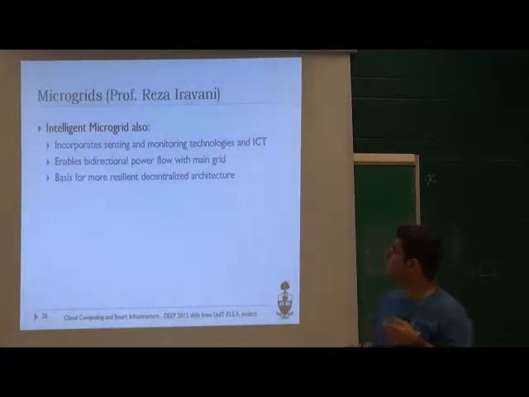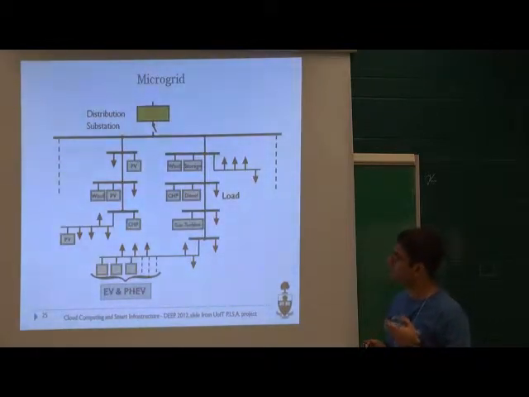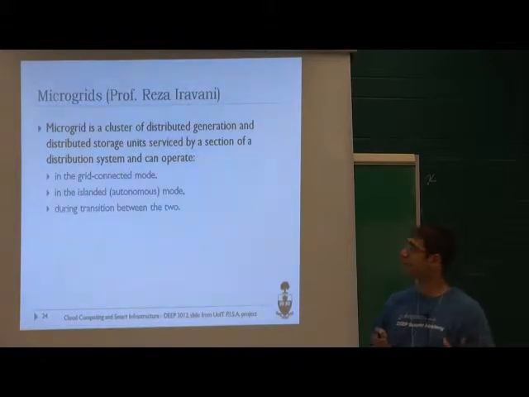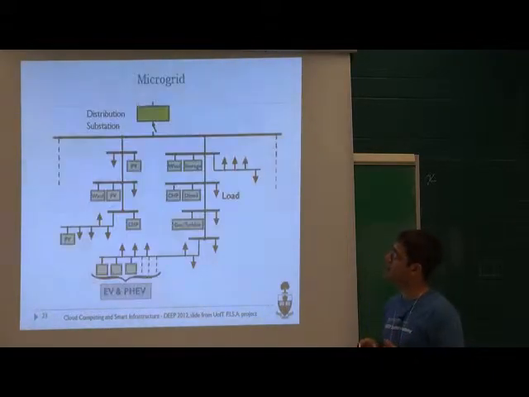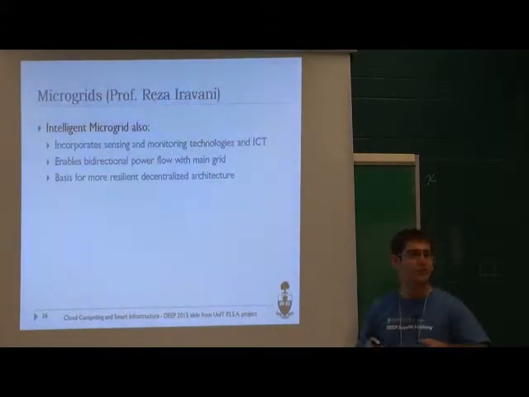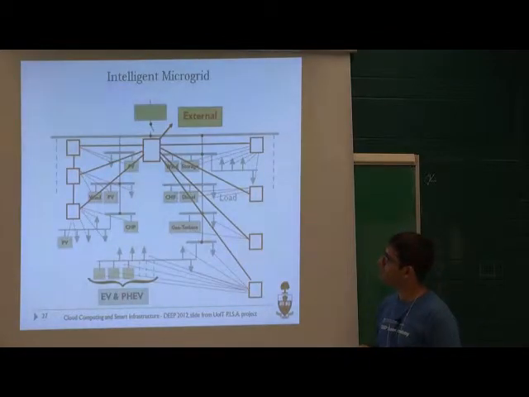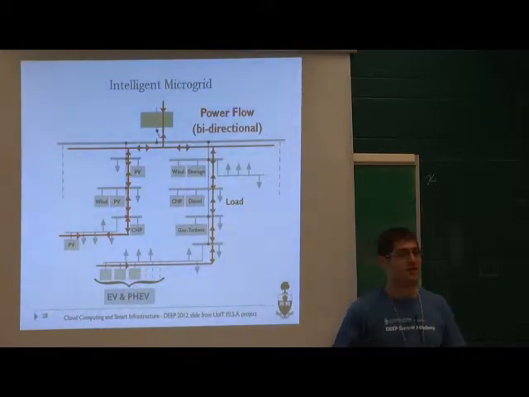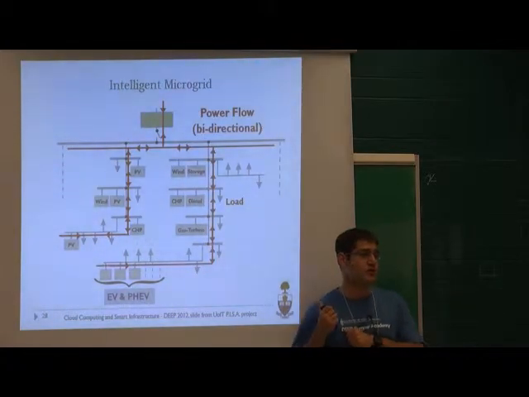So the microgrid itself does not. The microgrid itself includes the distributed storage units, so that it could handle its own system, its own area. But with the intelligent microgrid, it's when all of a sudden communication becomes a big issue.